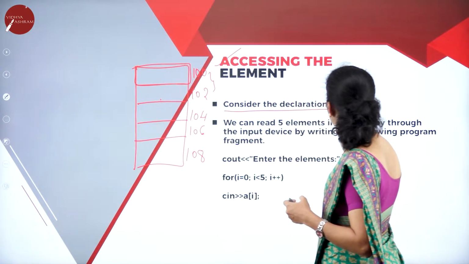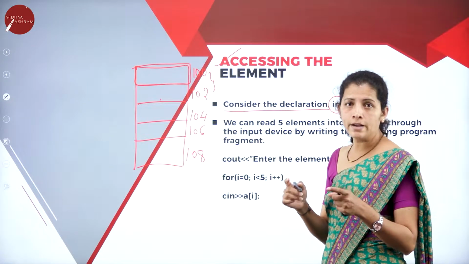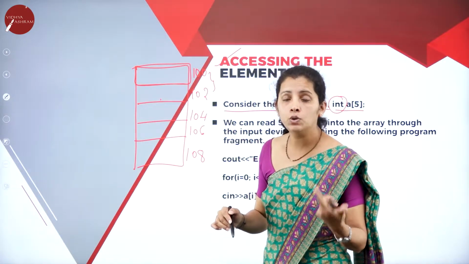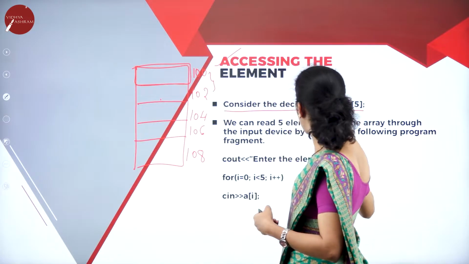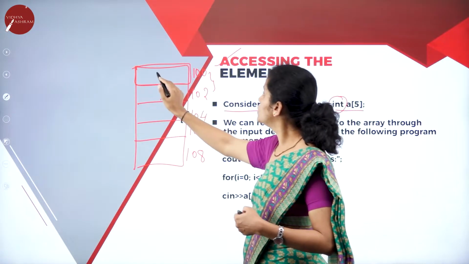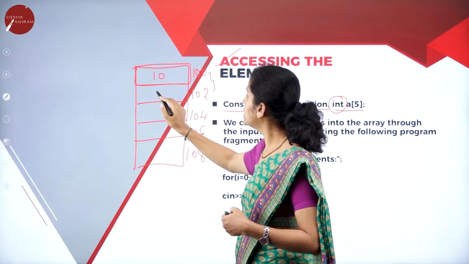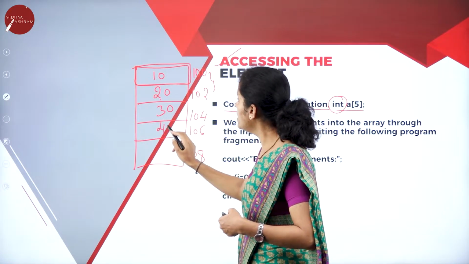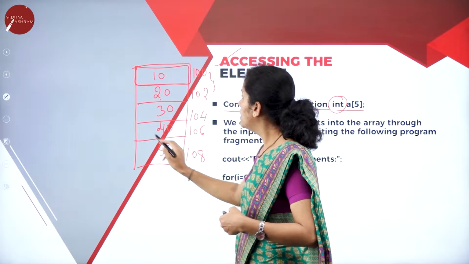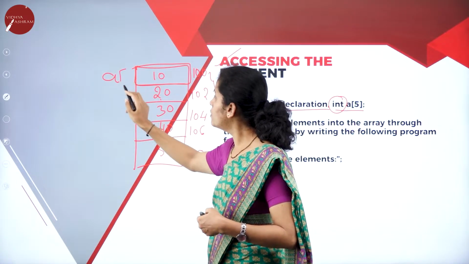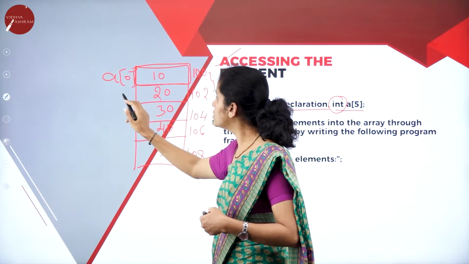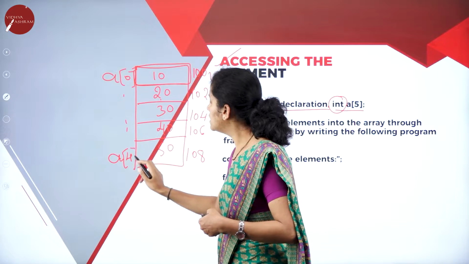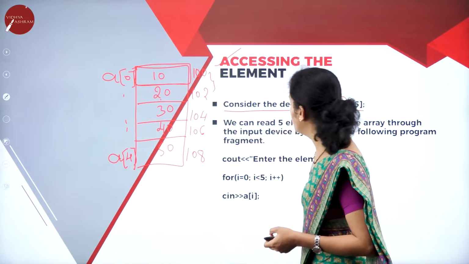The size of the integer is 2 bytes. For that reason, I am going to increment my address by 2 each time. And I am going to store the values like 10, 20, 30, 40 and 50. Here it is going to start from array index A of 0 to A of 4, that is n minus 1.